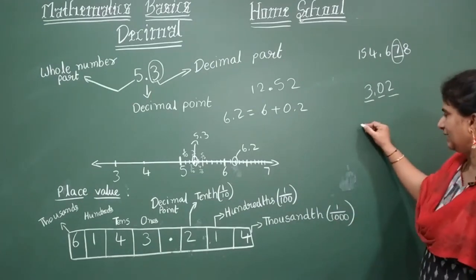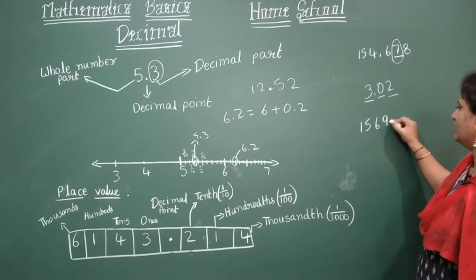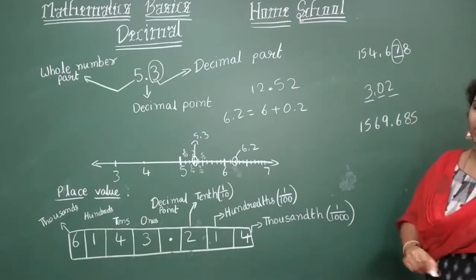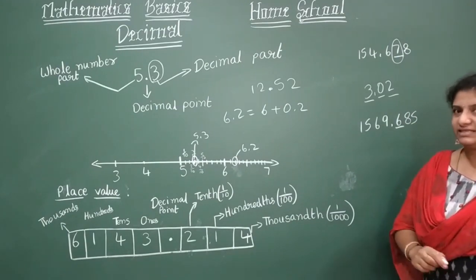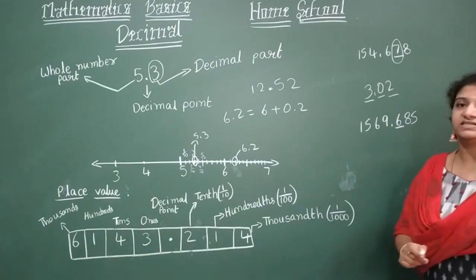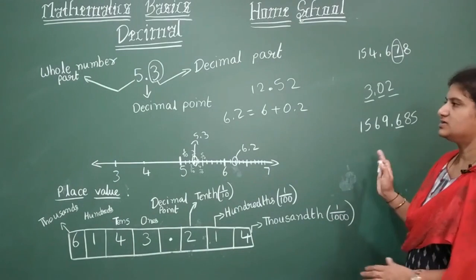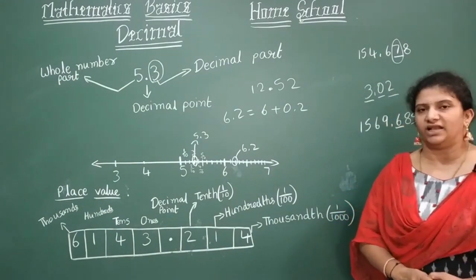Okay, similarly, 1569.685. Okay, what is the place value of 6? 6 is in the tenth place, which means its position is 6 by 10th, you can say. Okay, this is the way we try to understand the place value, children.